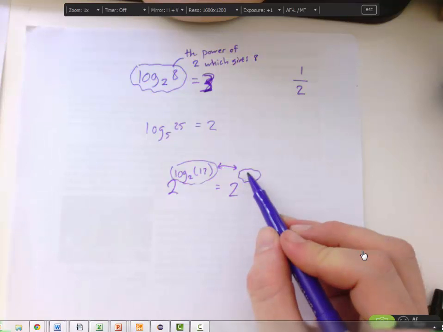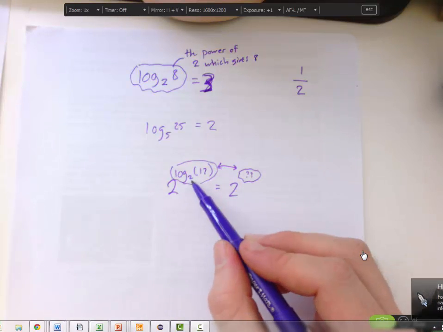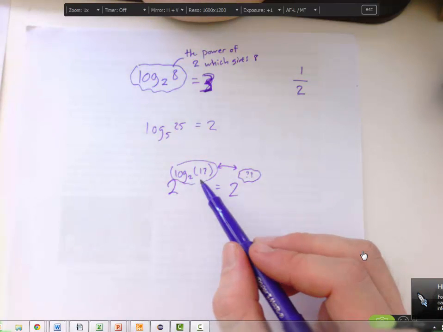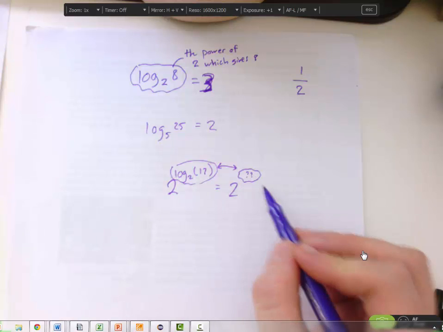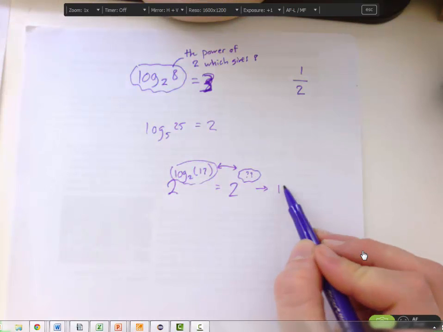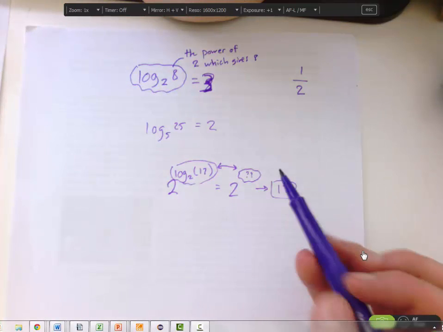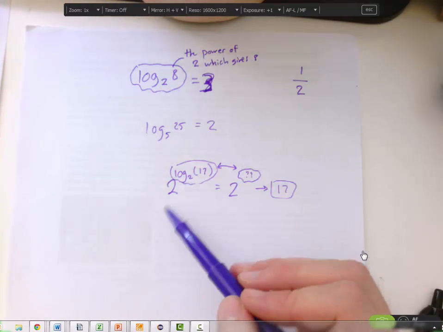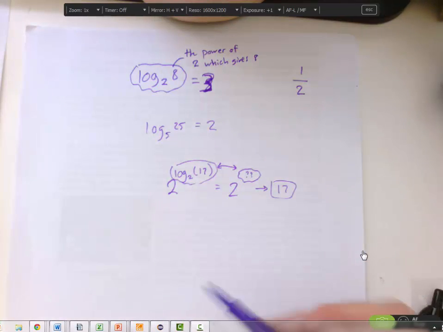So I don't actually really even need to know what number this is, because it's defined as whatever power of 2 gives me 17. So when I make it a power of 2, I know the result must be 17, just by the way that I've defined the logarithm. So that's why exponentiation and logarithms are inverses. It's because they've been defined that way.